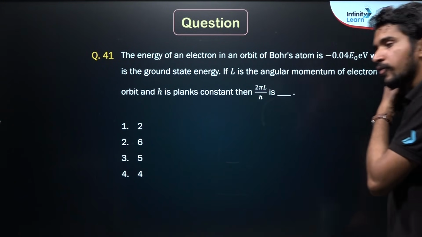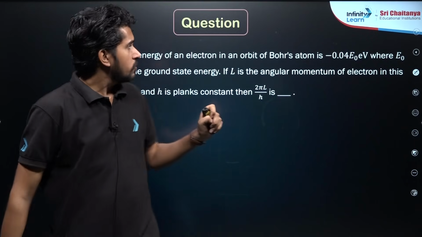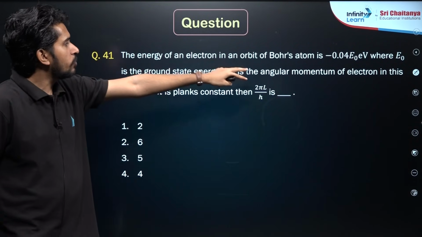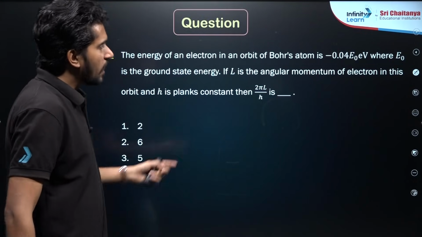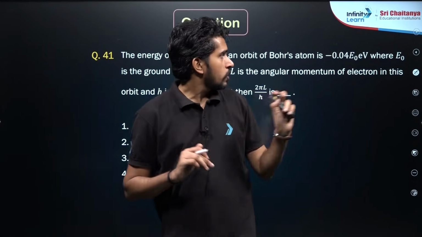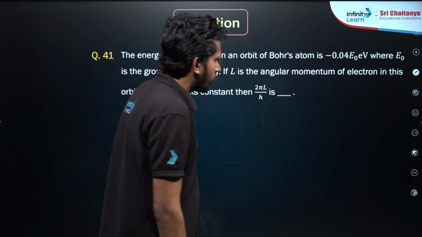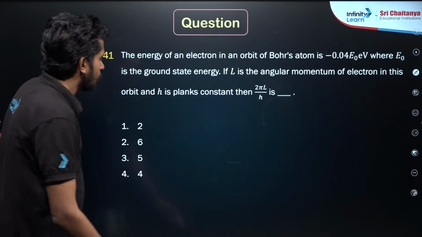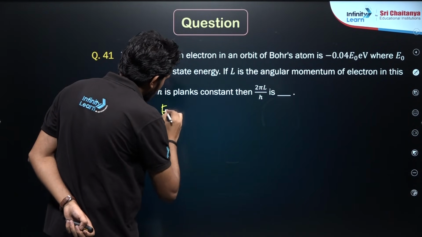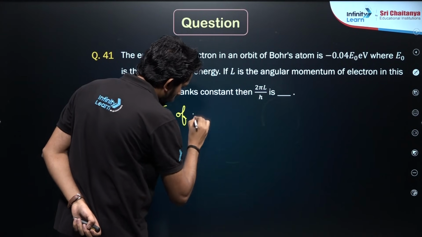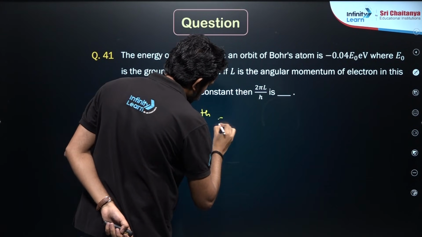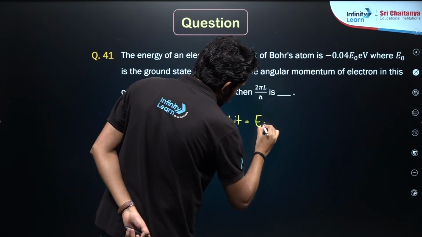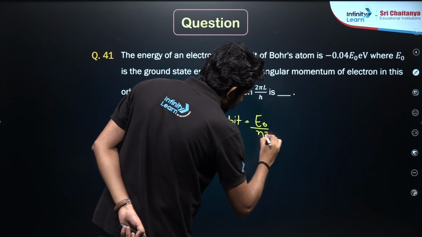Now question number 41. In this question we have the energy of an electron in an orbit of Bohr's atom, which is minus 0.04 E naught electron volt. So you know the energy of the nth orbit is E naught by n square.